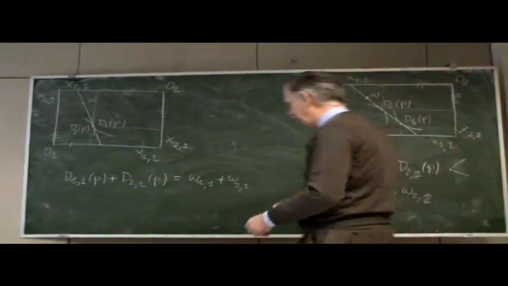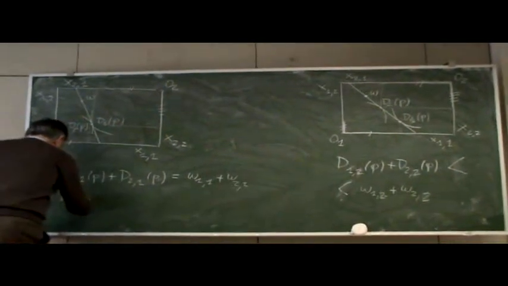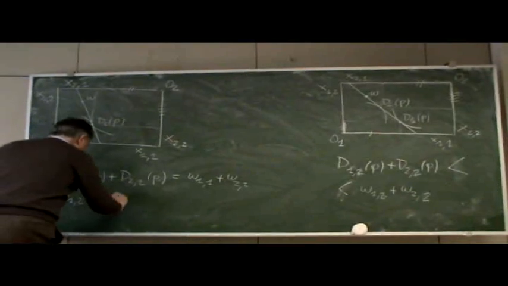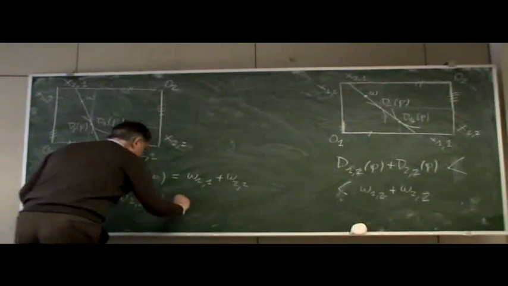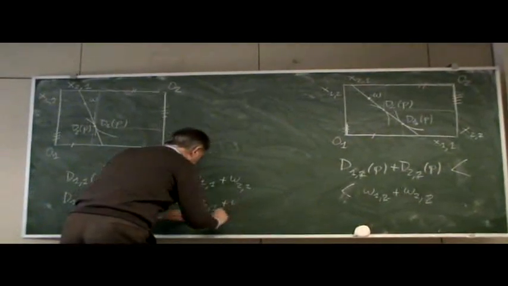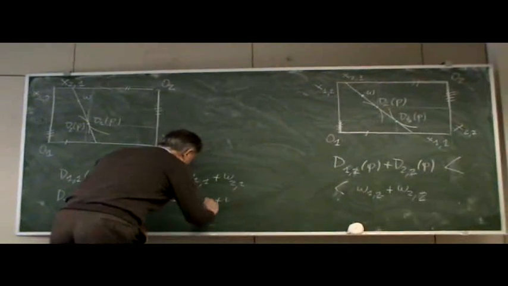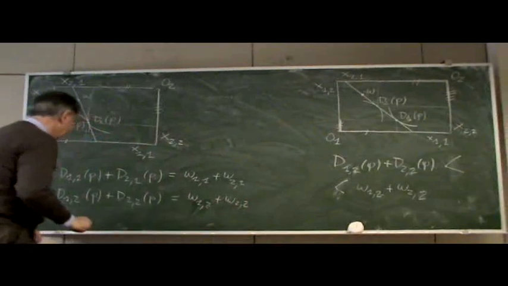So, also for the second good, you have equilibrium, equality between the total demand and the total endowment of good 2. Is it clear?